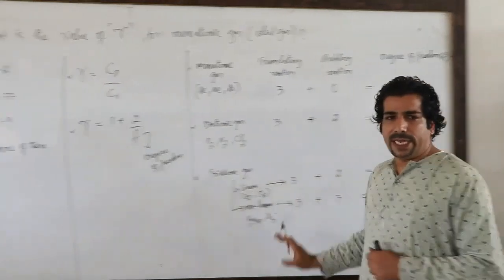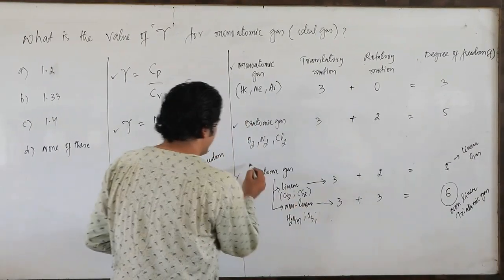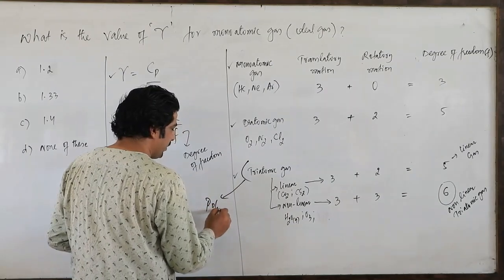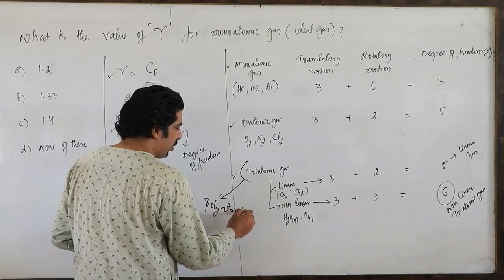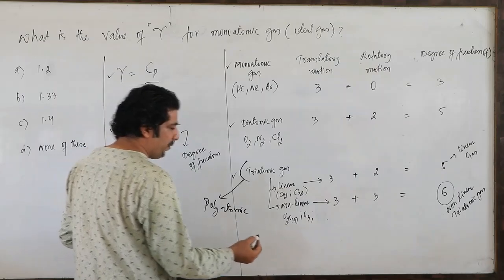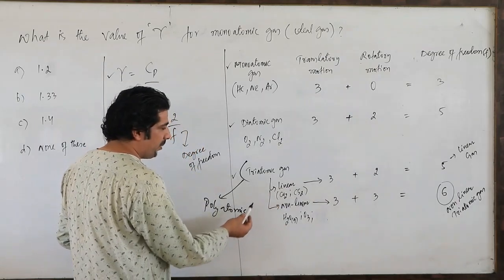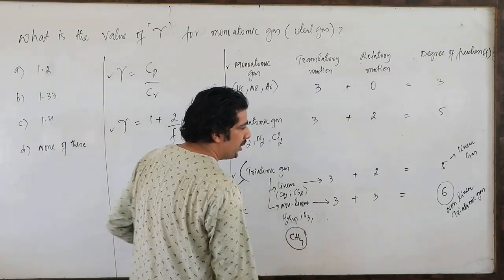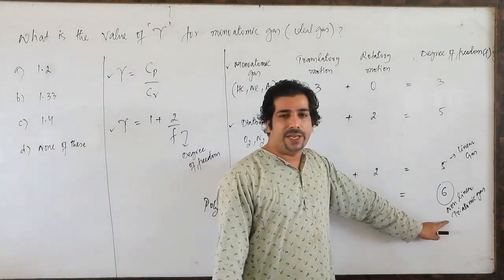So please remember that. This triatomic gas you can also call as polyatomic. If I take one more example of polyatomic gas, you can add on methane also. So for methane also, you will be having the degree of freedom as 6.